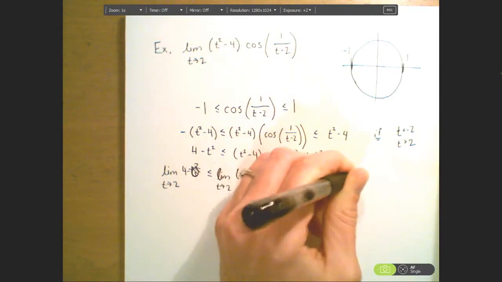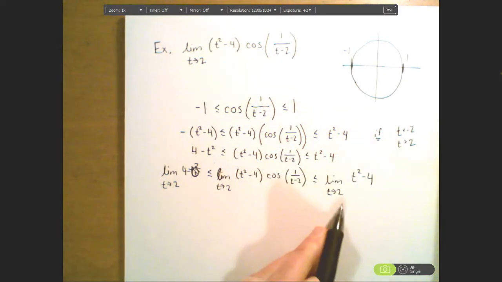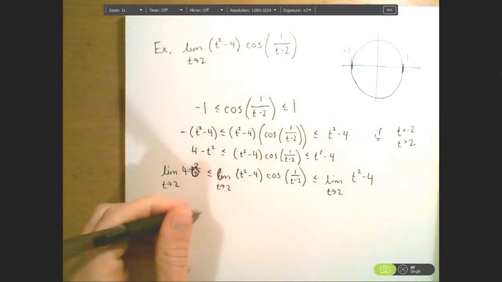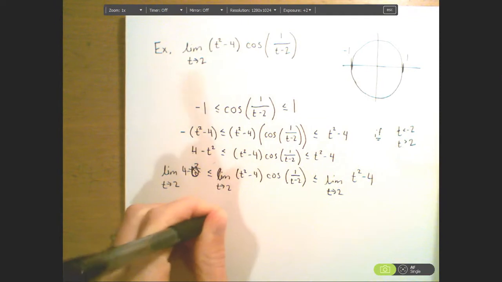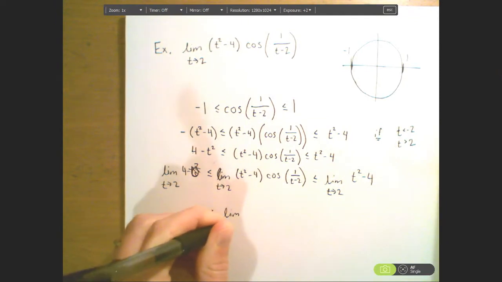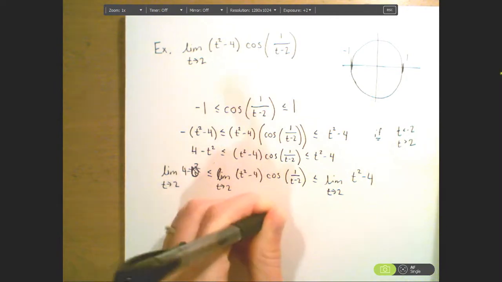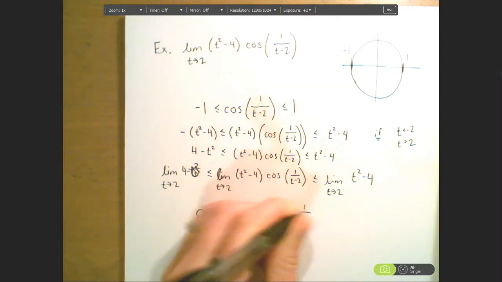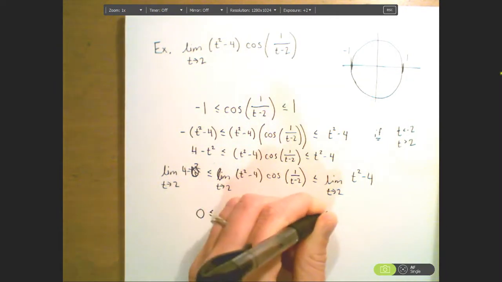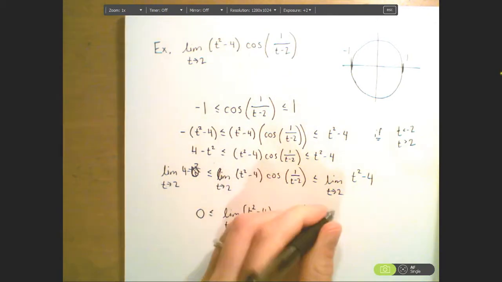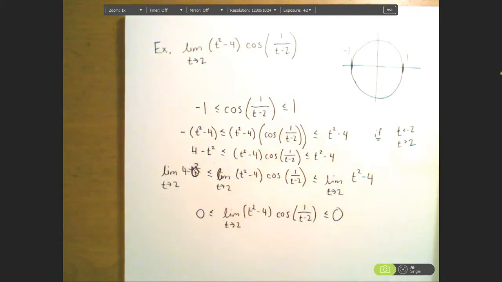The limit as t approaches 2 of t squared minus 4, and again, this is a continuous function, so I can plug in 2, and I see that by squeeze theorem, my limit is bounded below by 0, and my limit is also bounded above by 0. Because as I plug in 2 into this continuous function, I also get 0. That tells me that my limit is in fact equal to 0.